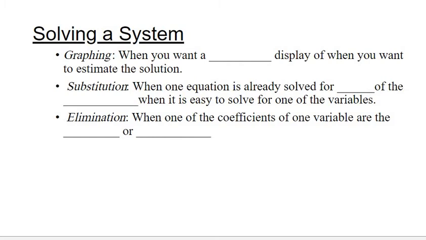We said that the three methods we have taken to solve linear systems are graphing, substitution, and elimination. Now, in graphing, when do I need to graph? When I will look at the graphs of the two equations to find the intersection point, when the intersection point is important for me to find from a graph.